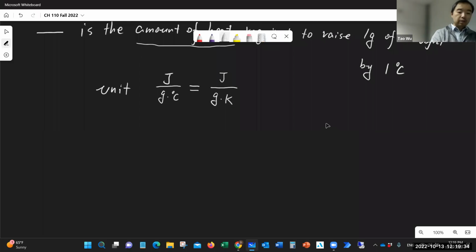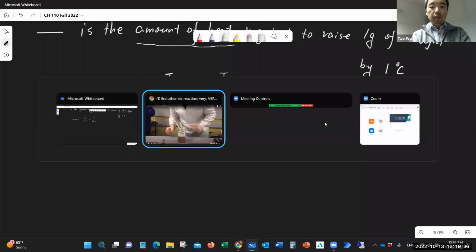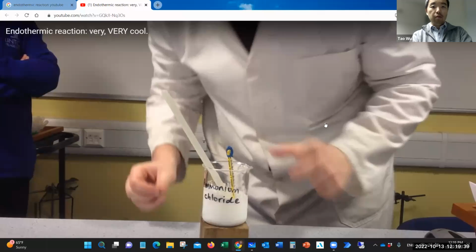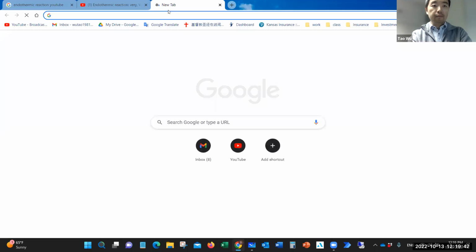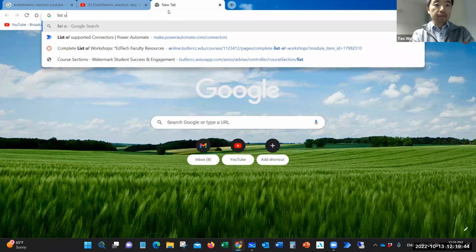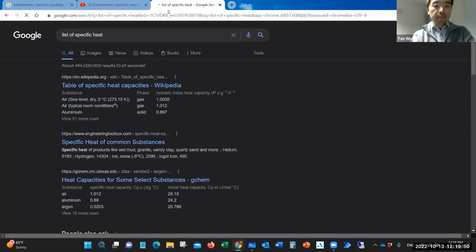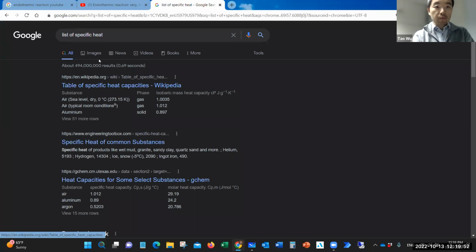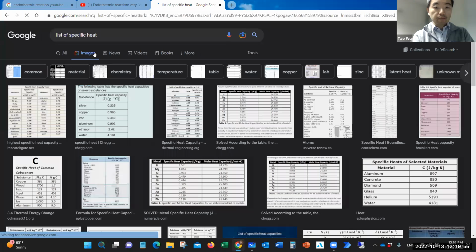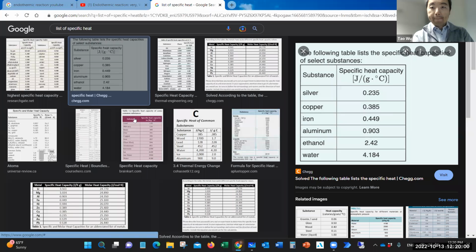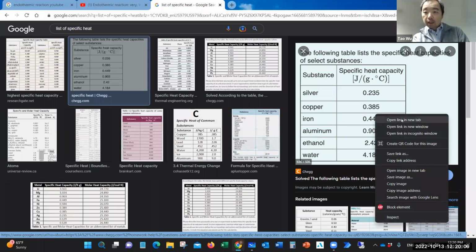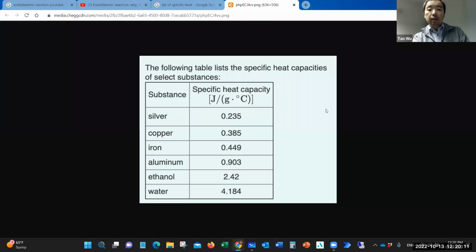So now, let's look at some common values, so let's do a search. You see this table.